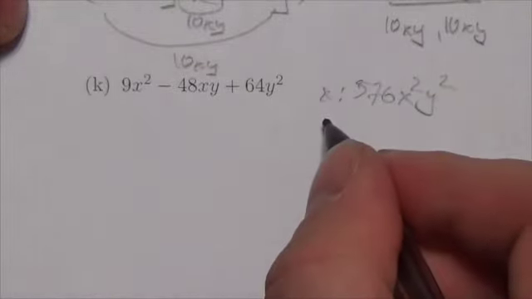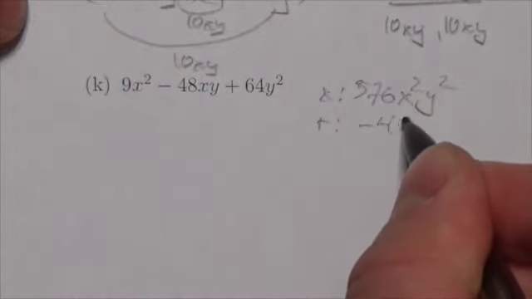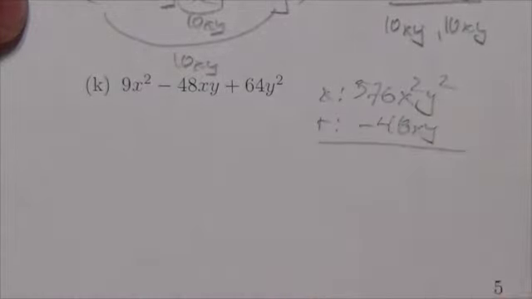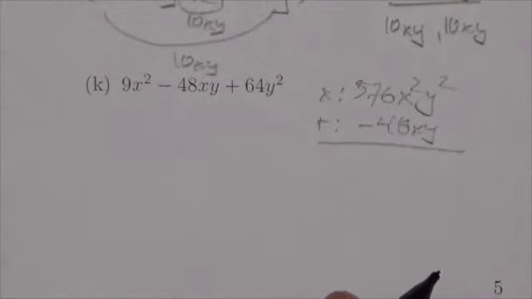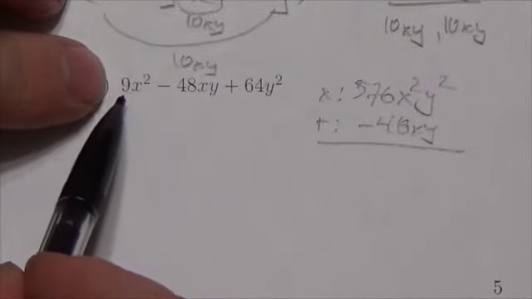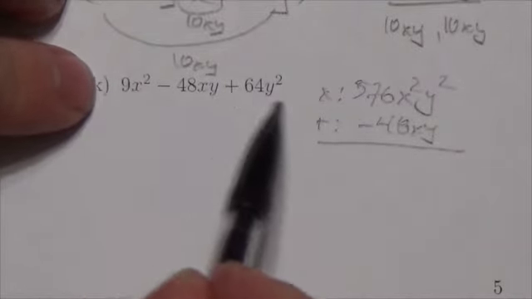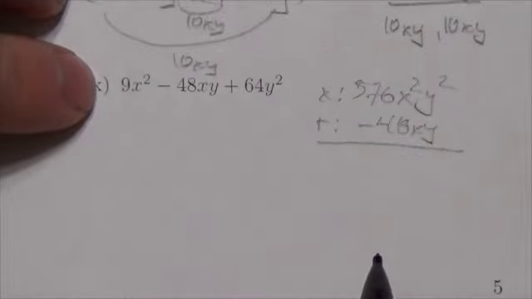And we're looking for two numbers whose product is that and whose sum is negative 48xy. Now, there's a little bit of a trick to this. Notice that the first term there is a perfect square. Notice that the last term, 64y squared, is also a perfect square.